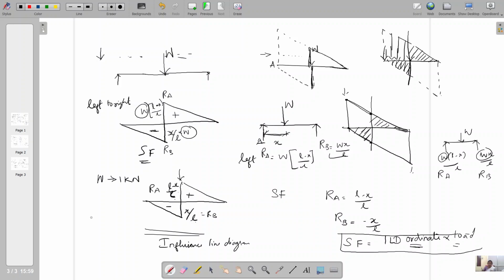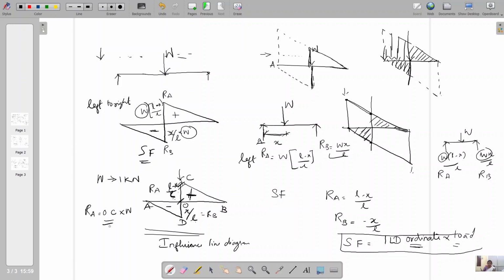And if you want the RA value, the ILD ordinate of RA is from here to here, because it is a positive diagram indicating RA. So if you want RA, the ordinate is going to this O, A, B. If it is C and D, the ordinate of RA is OC into the load W. You can find L minus x by L with the available spans.